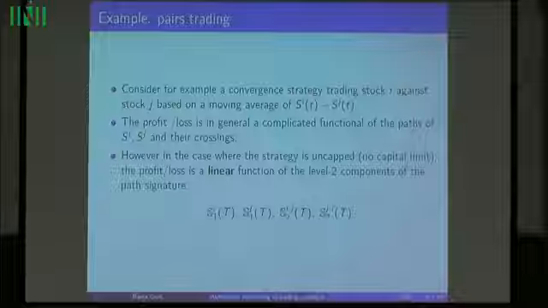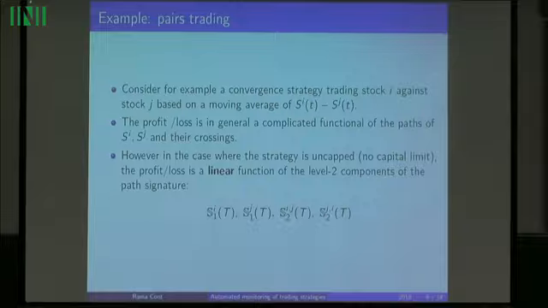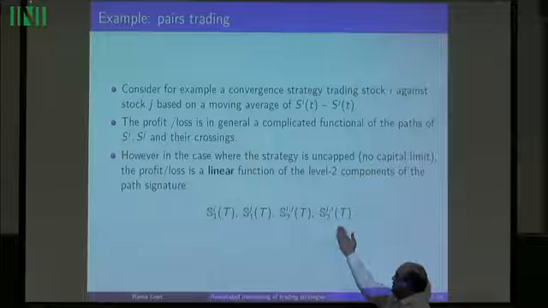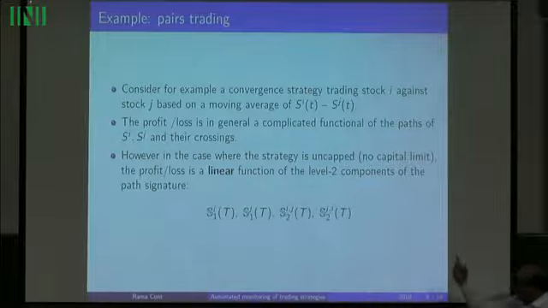However, if you take away this cap that I put on the strategy, which is a nonlinear term, then the outcome of a pairs trading strategy can be expressed fairly explicitly as a linear function of the level 2 components of the path signature, what we call S1 and S2, and only involving the pair ij.